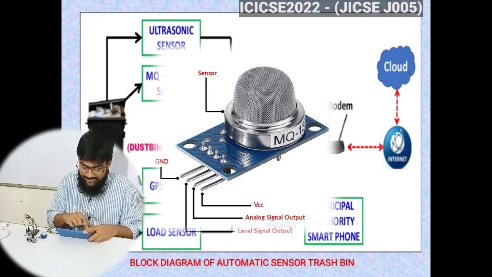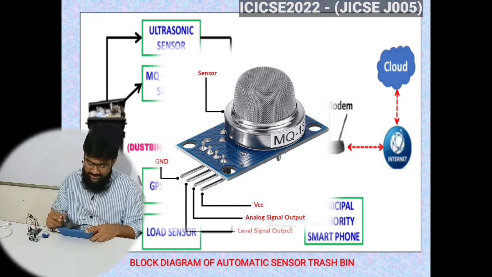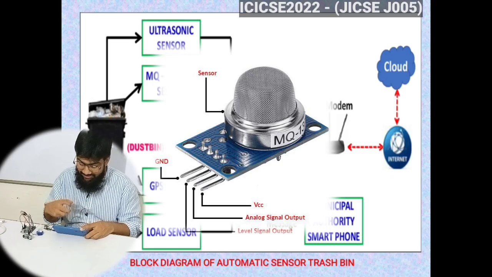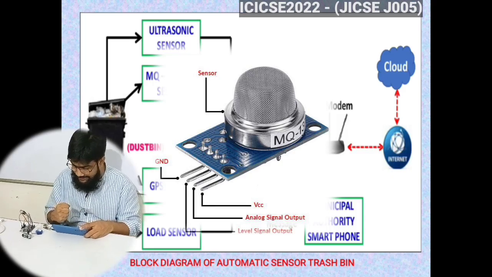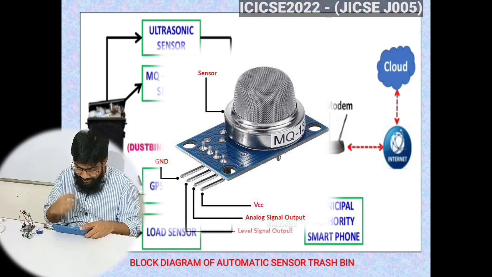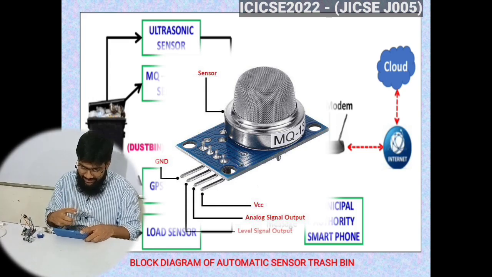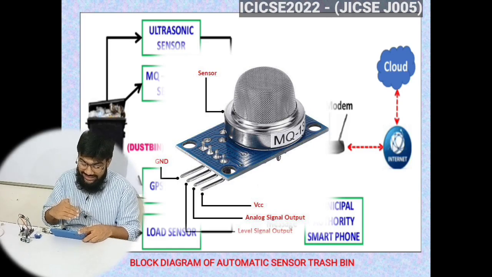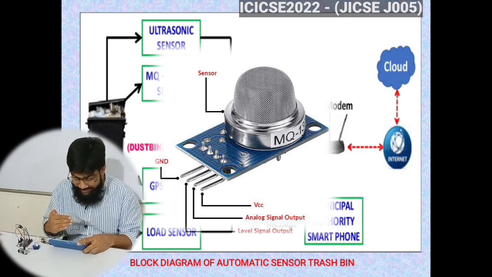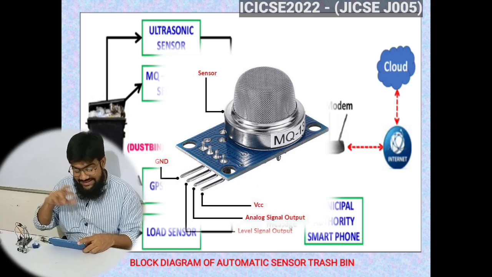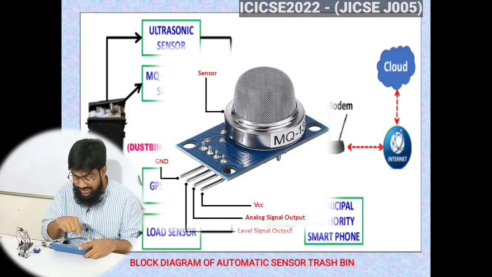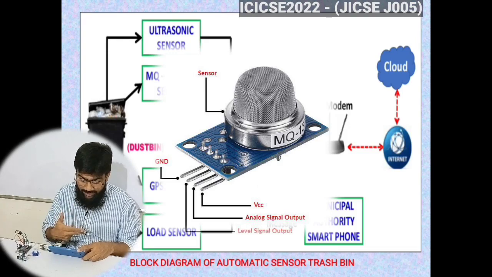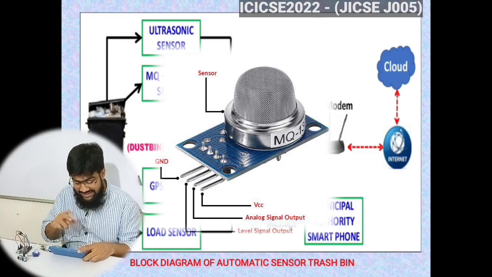Next thing, why are we using a gas sensor? The next big problem is the garbage thrown in that bin. If that garbage smells really bad, it's not getting filled, but yet the smell is very bad and very dangerous for humans traveling near it. Then again it sends a signal. That's why we have kept a gas sensor. Whatever gas is evaporating from that bin is sensed by the gas sensor.